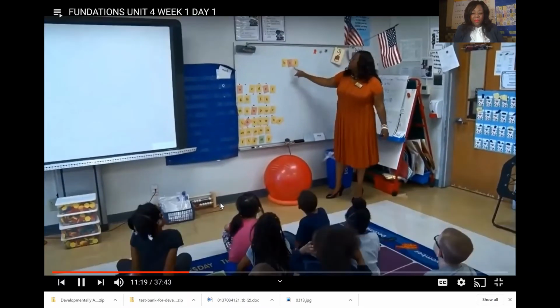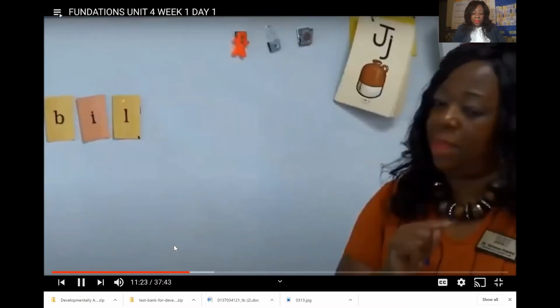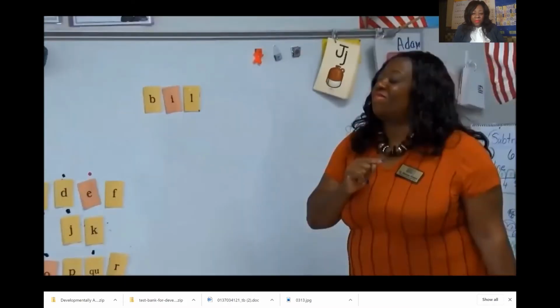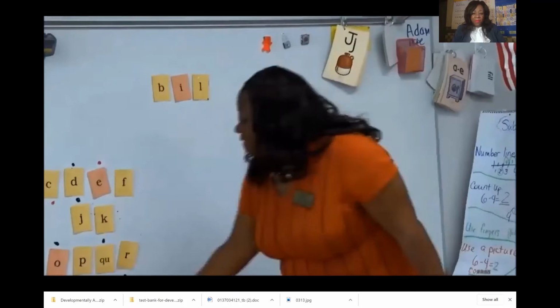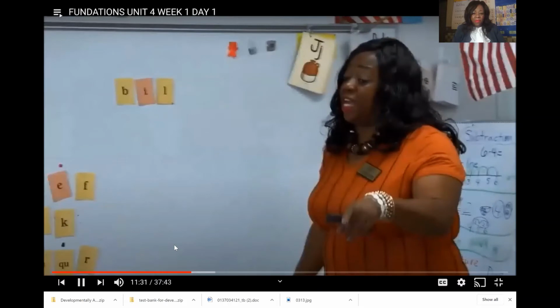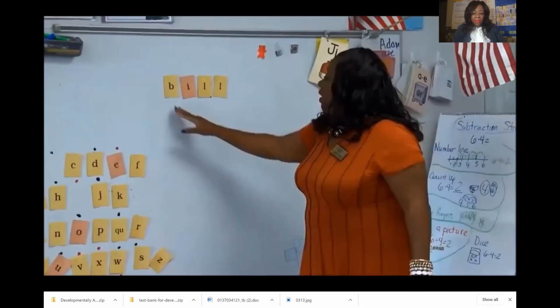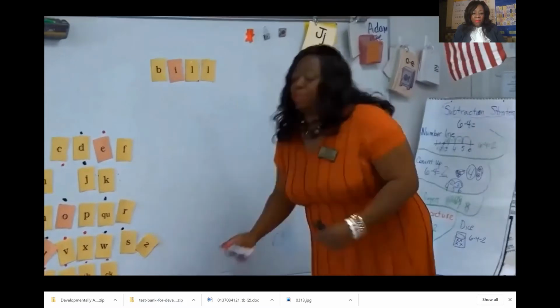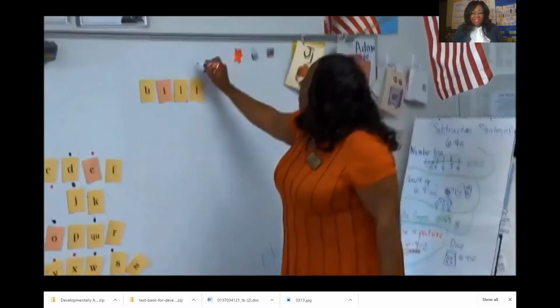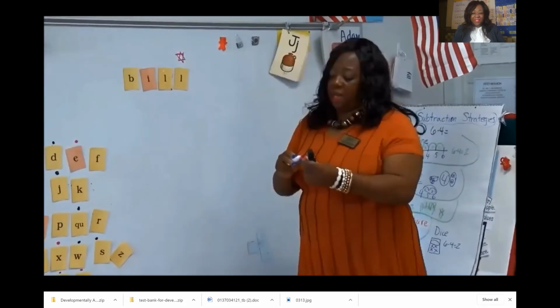It ends with an L. Do you think it needs a bonus letter? Yes. It does. In this instance, it does, because the only 2 words that rule does not follow are yes and but. So this word is bill. And when I have a bonus letter, I put a star on top because it's a bonus.